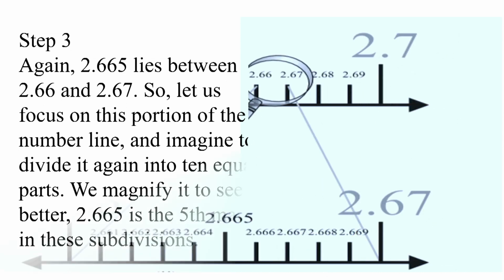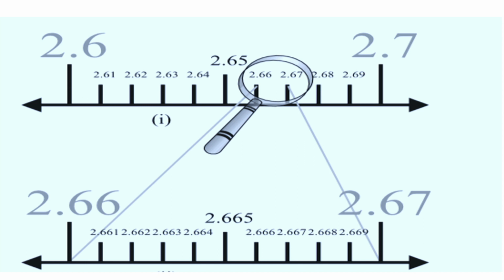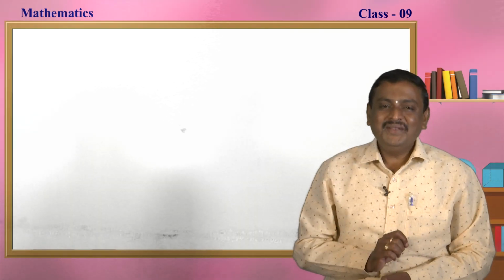If we magnify, you can clearly see 2.665. Like that, you have to locate the number.